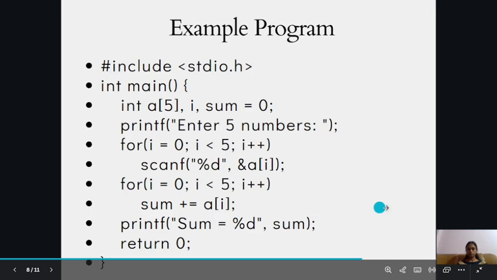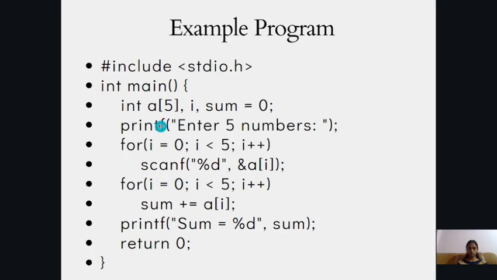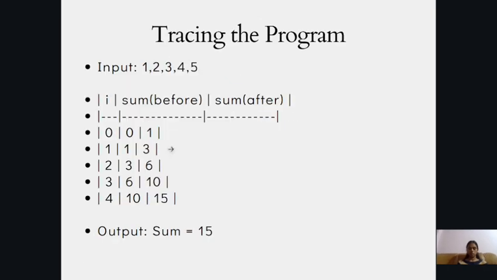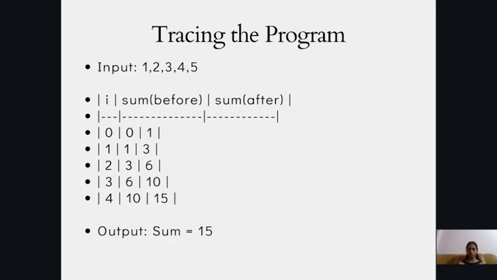Now let's see the tracing of this. The input is 1, 2, 3, 4, 5. First i is 0, and then i is less than 5, true. Then the condition is true, so it increments, so i is 1.